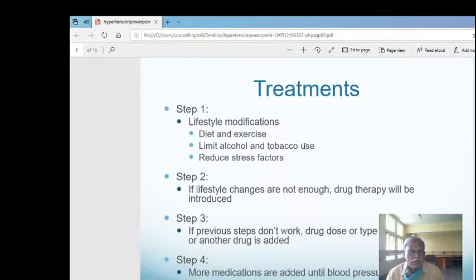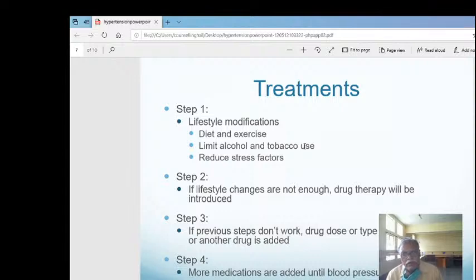The treatments, step 1, the lifestyle modifications. So the diet should be given, diet and exercise. The hypertension prevention diet should have low salt, less than 5 grams of salt per 24 hours, and exercise a minimum of 30 to 40 minutes, more walking exercise, bicycling or swimming will be more ideal to the patient.